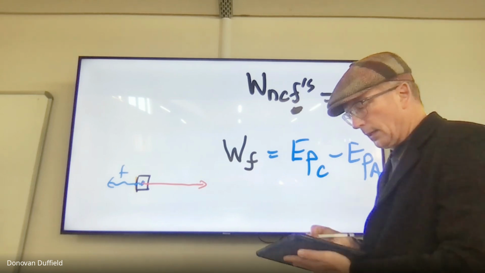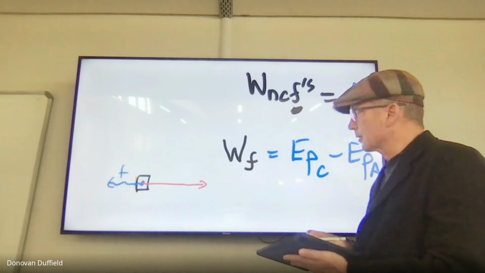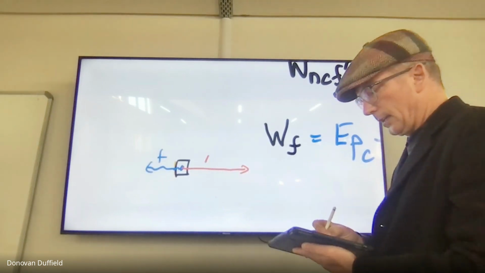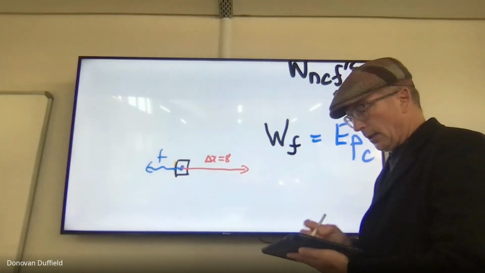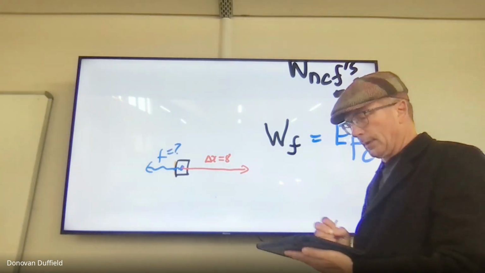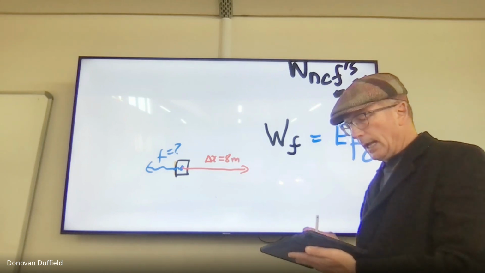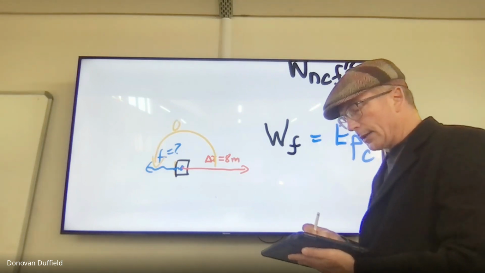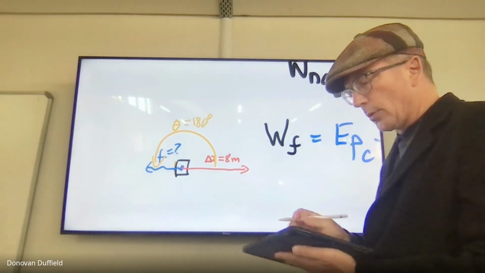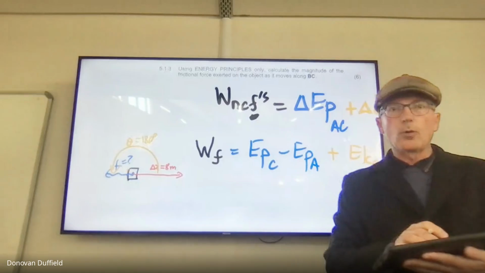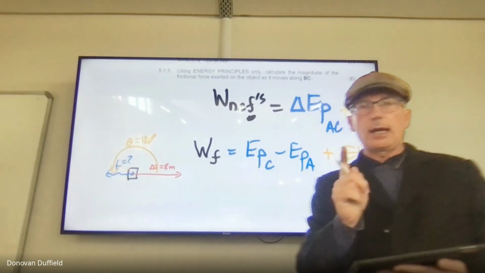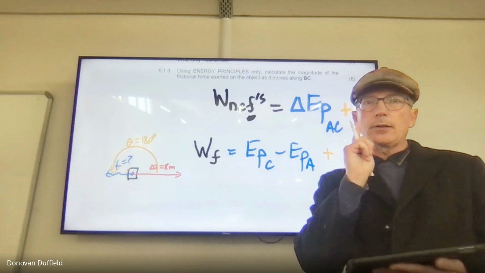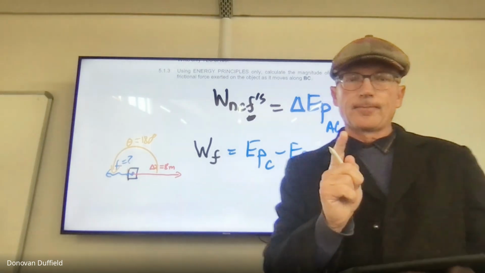Okay, there's delta x. Delta x is 8 meters. The friction we don't know. The angle between them is always going to be 180 degrees with friction. So friction is always going to have a 180-degree angle between it and the change in position.